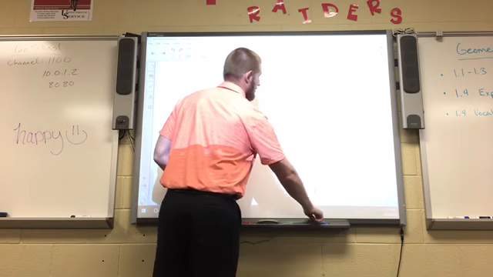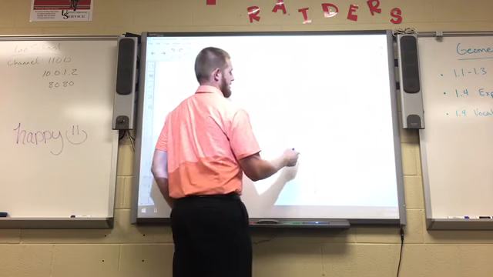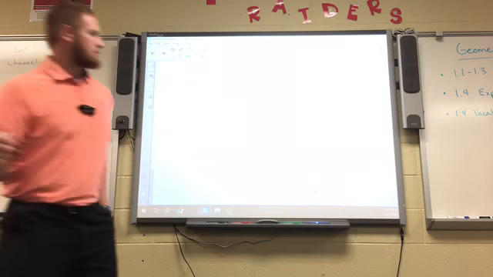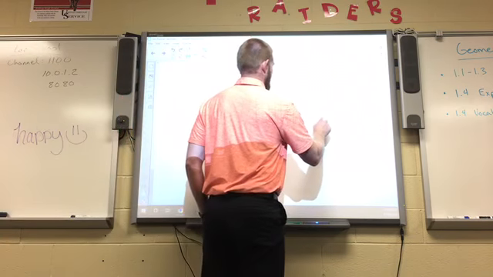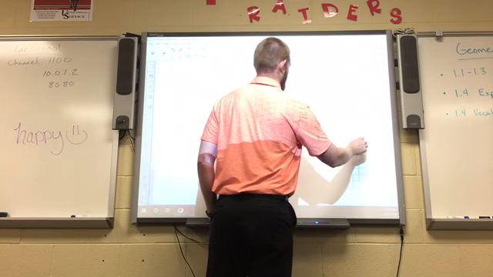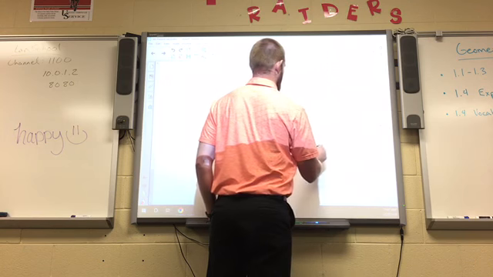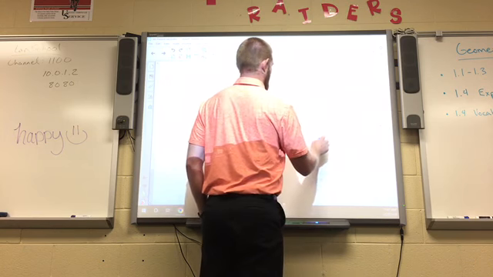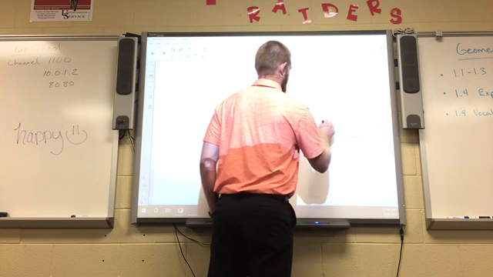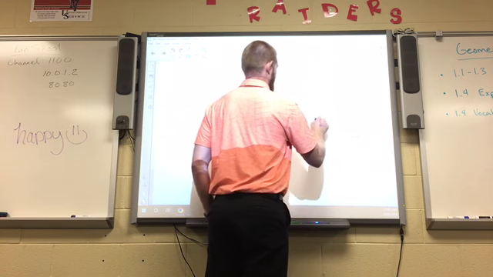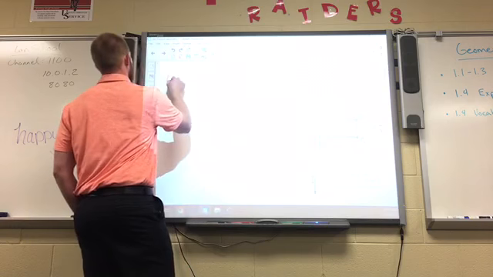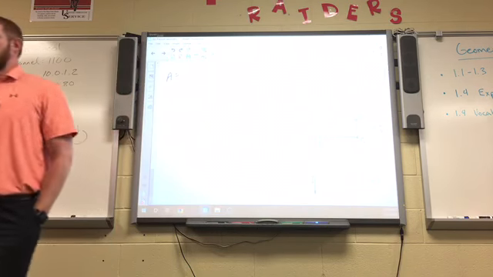They're making a banner for a basketball game, and the vertices of it are at (1, 1), (7, 1), (7, -2), and (1, -2). Okay, A, B, C, D. They want to know what's the area of the banner.